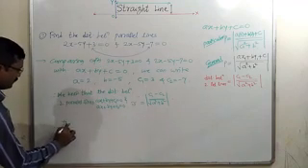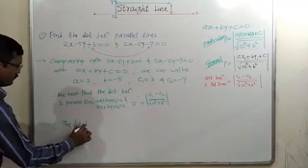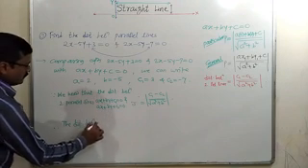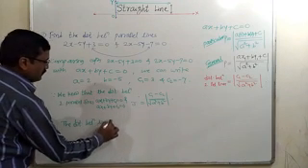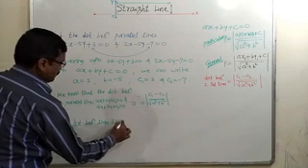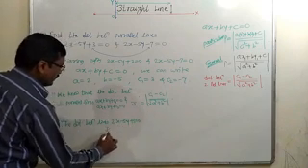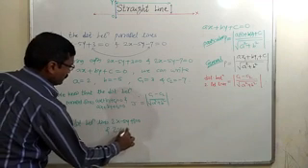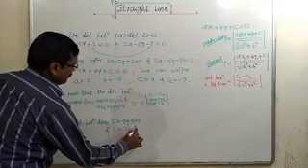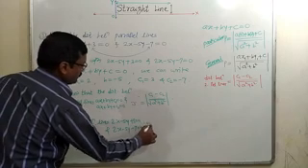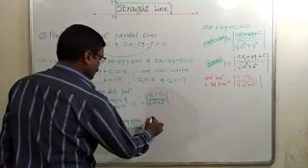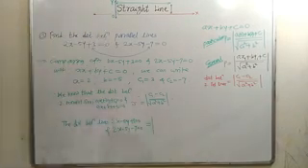Therefore, the distance between the lines 2x minus 5y plus 3 equal to 0 and 2x minus 5y minus 7 equal to 0 is equal to the modulus of the difference between c1 and c2.